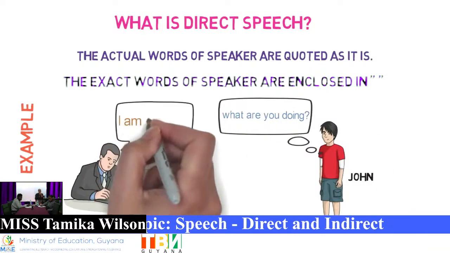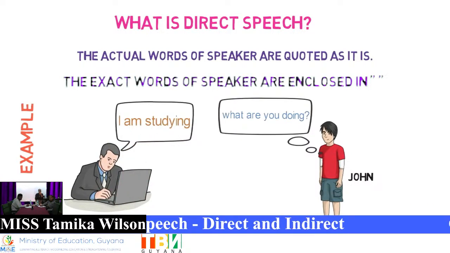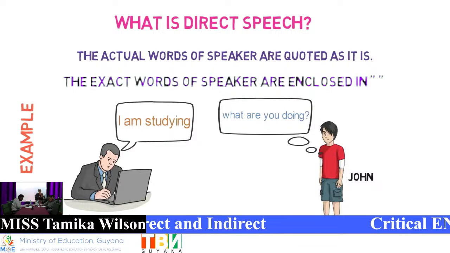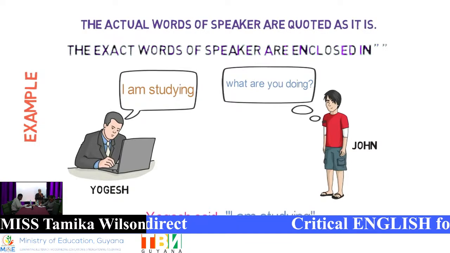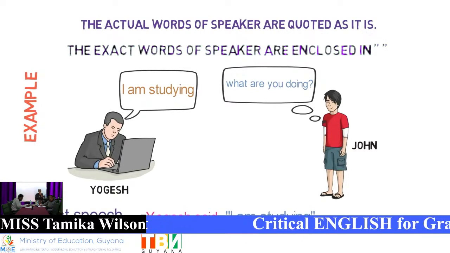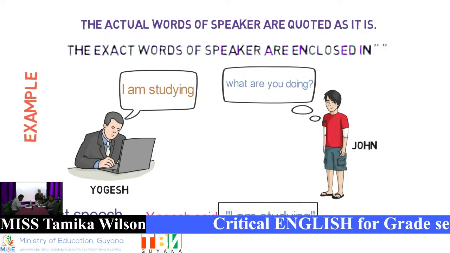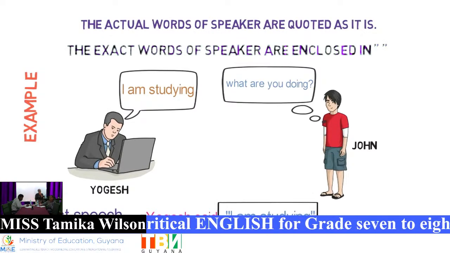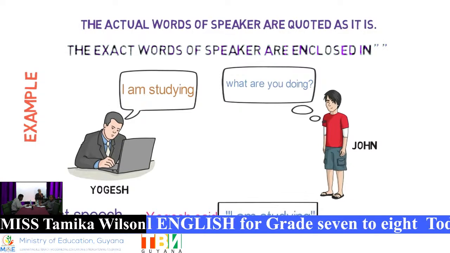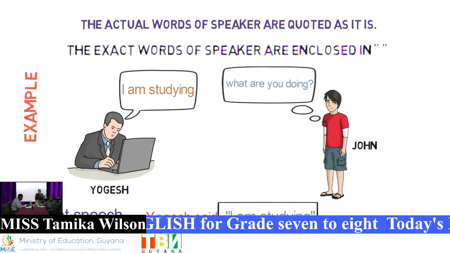He said, "I am studying." Now, if John wants to report what Yogesh said as it is, then he can say, Yogesh said, "I am studying." This is direct speech. Here you can see the quotation marks around the sentence, "I am studying." So, said is the reporting verb here and "I am studying" is the reported speech.